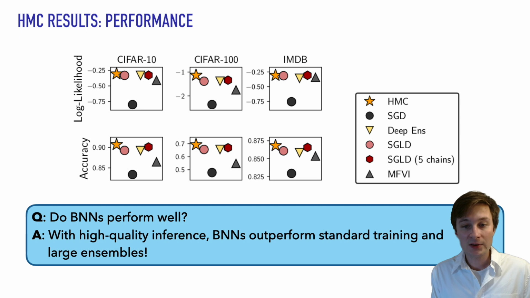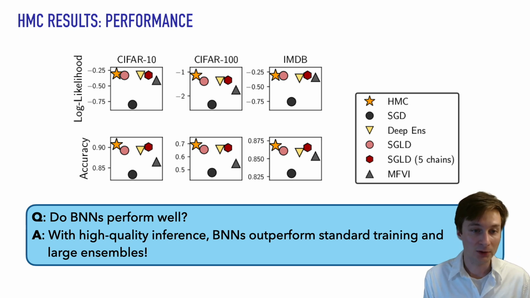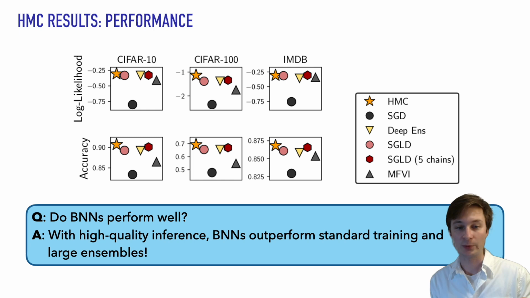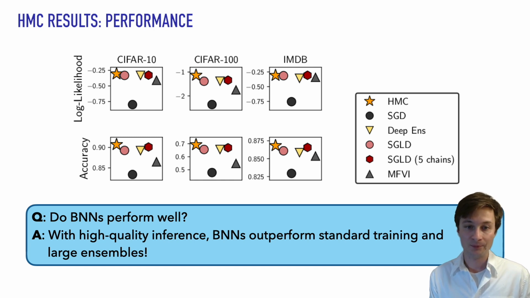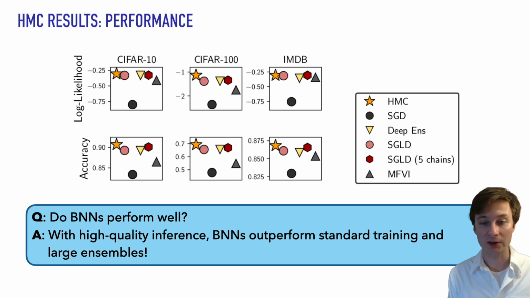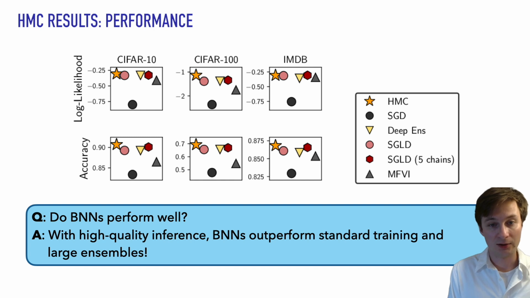And what we find is that they actually perform quite well. Within the setting that we studied here, Bayesian neural networks are outperforming SGD by a very large margin. And they are also outperforming a deep ensemble, just an ensemble of up to 50 independently trained models of this architecture.